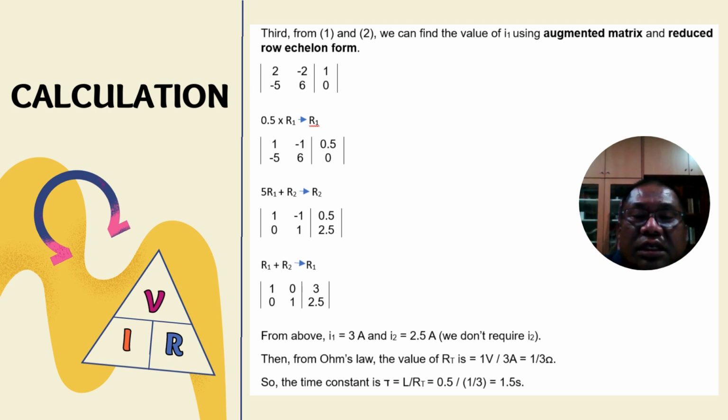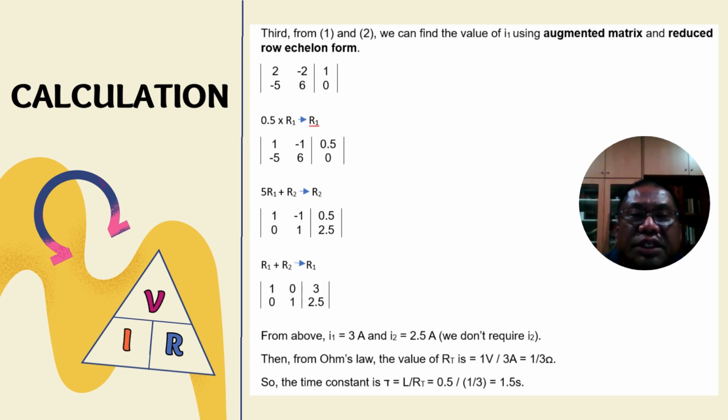And then from the time constant equation, tau equals L over R total. We know that L is 0.5 Henry, and the resistor is 1 over 3, one third. So 0.5 divided by 1 over 3, we get 1.5 second. So the time constant for the circuit is 1.5 second.